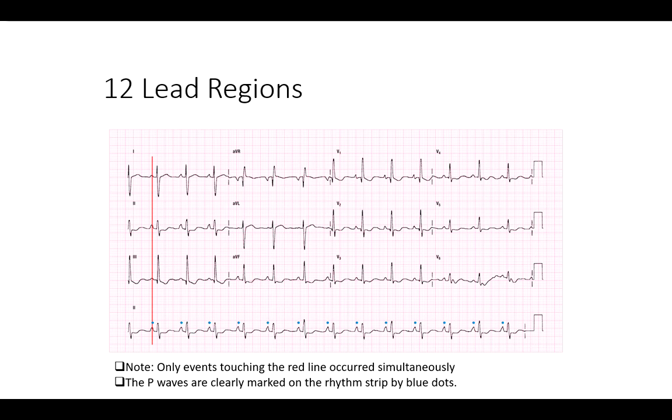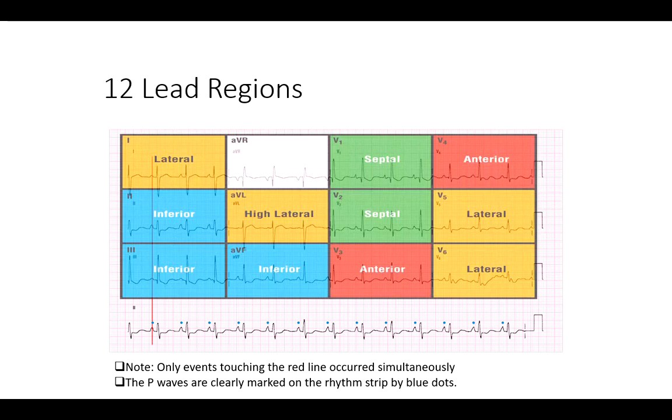So each of these leads observes the heart from a different perspective, meaning that what happens in, let's say, leads 2, 3, and AVF might correspond to areas of the inferior heart.